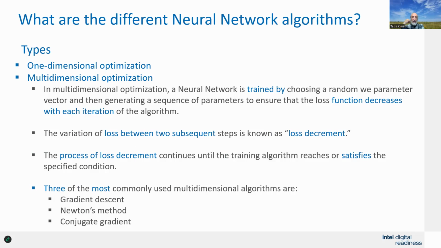And in these, basically the network's trained by choosing something random that we throw in. And we were just talking about this a little while ago, often generated by either random number generators or synthetic data, that kind of thing. And then every time we iterate the code, we try to decrease the loss function. I don't know if this sounds a little bit like reinforcement learning, right? Where you're changing that value and dropping it each time.